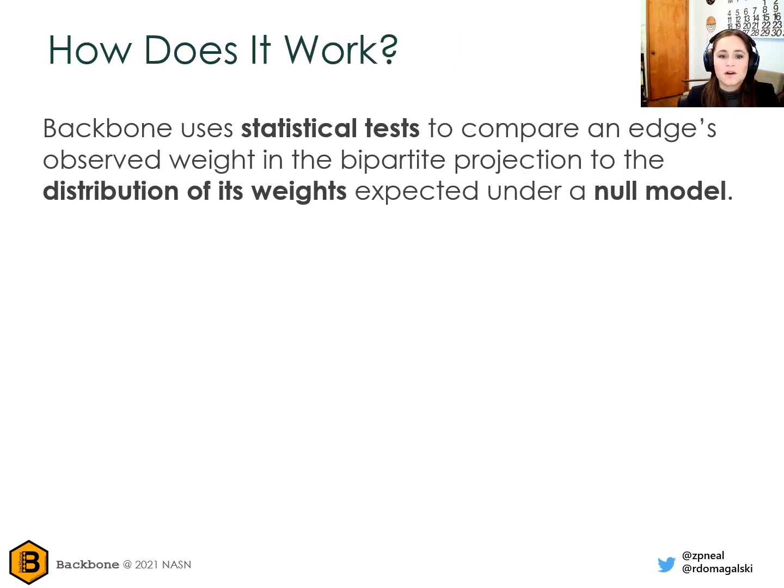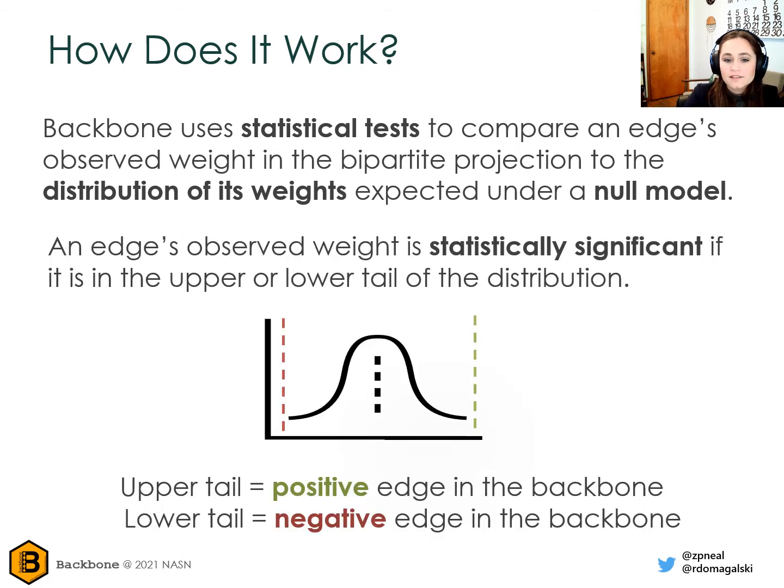So how does this work? Well, what Backbone's doing is it's using statistical tests to compare an edge's observed weight in our bipartite projection to the distribution of weights that it might expect under some null model. So particularly what we do is we consider an edge weight statistically significant if it's in the upper or lower tail of the distribution.